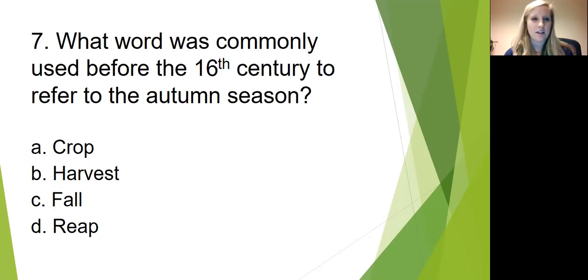Question 7. What word was commonly used before the 16th century to refer to the autumn season? Was it A, crop, B, harvest, C, fall, or D, reap?